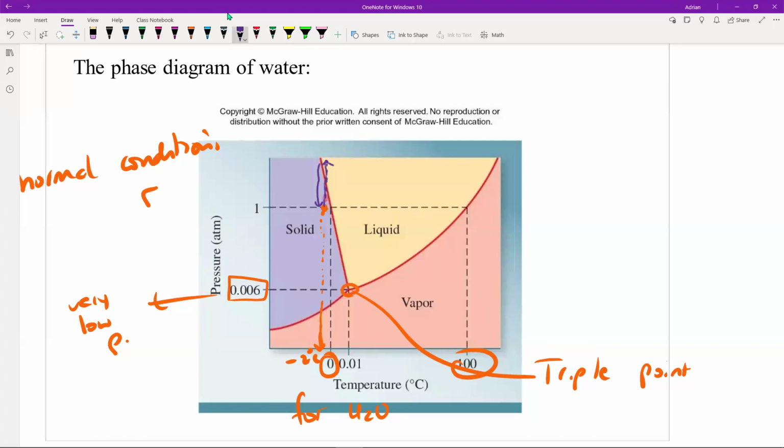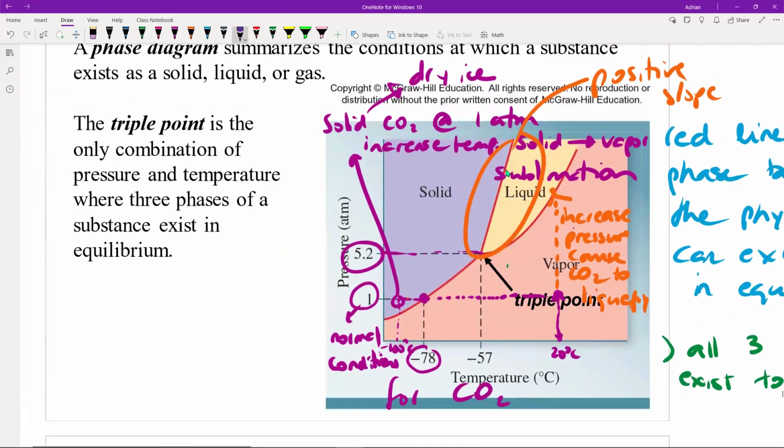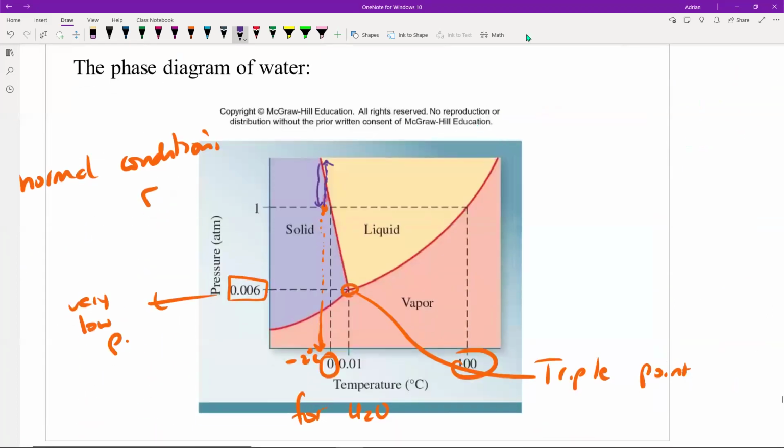And similarly, if you were to lower the pressure at the same temperature, you would find that the liquid turned back into the solid. That's very different from other cases where there's a positive slope, where increasing the pressure at the same temperature tends to turn something into a solid rather than a liquid, and that's not the case for H2O.